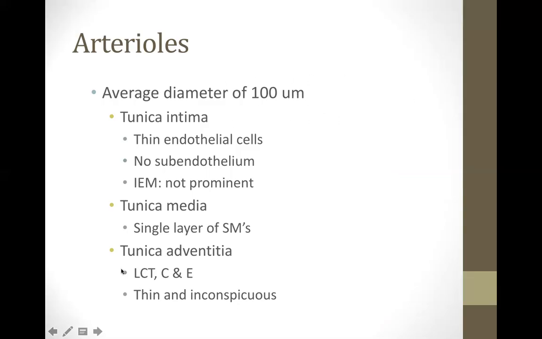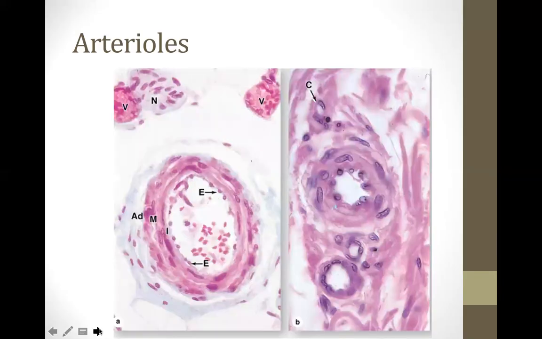Please take note. Look at the tunica media also. The tunica media of the arteriole only contains a single layer of smooth muscle. Single layer of smooth muscle. It keeps getting smaller until it becomes a capillary. This is smaller than a small artery. There are arterioles.